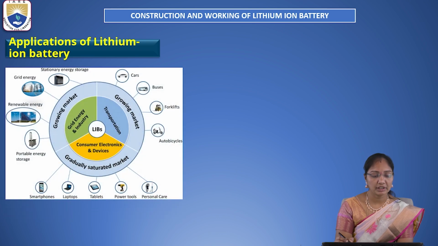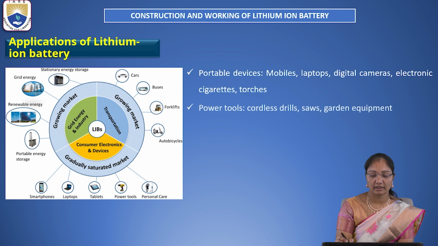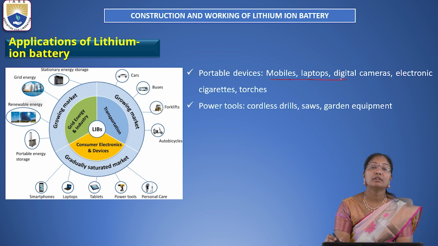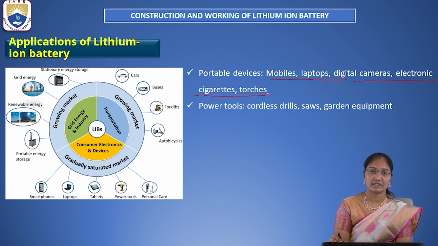Coming to here, these lithium ion batteries are a growing market. They are used in mobiles, laptops, digital cameras, electronic cigarettes, and torches. Here, these lithium ion batteries are clubbed up with polymer technology, and very small paper batteries have also come into existence in the market now.